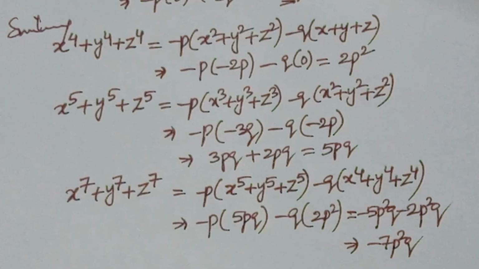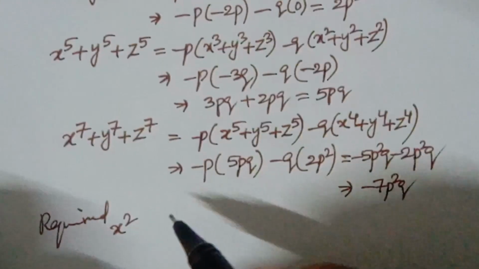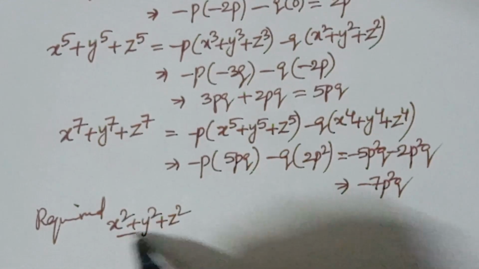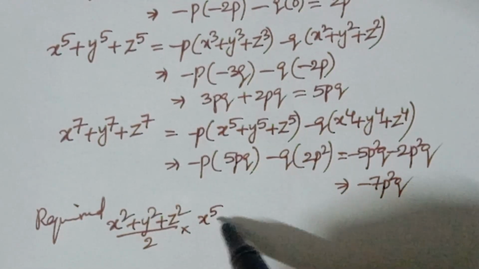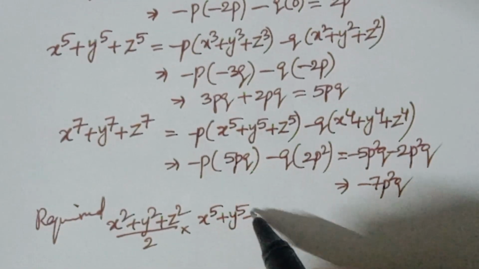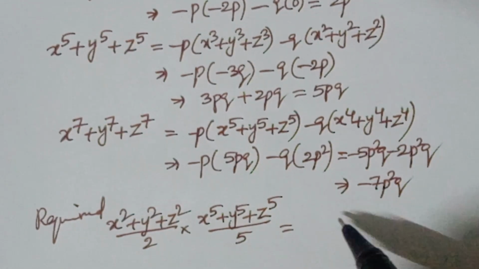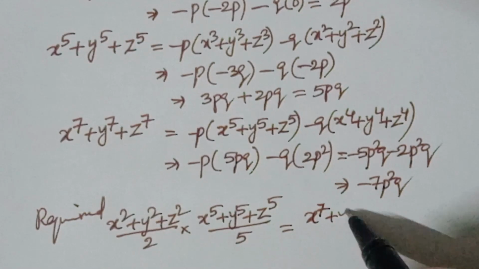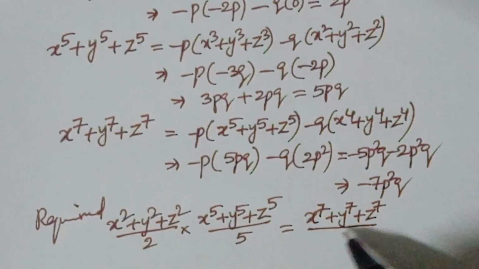So what is required here? You have to show (x square plus y square plus z square) by 2 into (x power 5 plus y power 5 plus z power 5) by 5 is equal to (x to the power of 7 plus y to the power of 7 plus z to the power of 7) by 7.